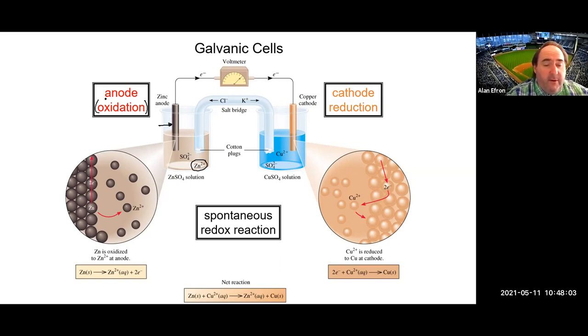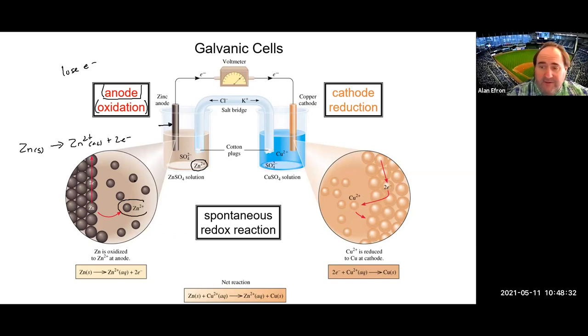So in the anode part of a galvanic cell, that is where we see oxidation, which means it's going to lose electrons. What does that mean? If we look at the super zoom here, those zinc atoms on the solid electrode are going to give up electrons. When they give up electrons, they become positively charged and go from the solid into the solution.